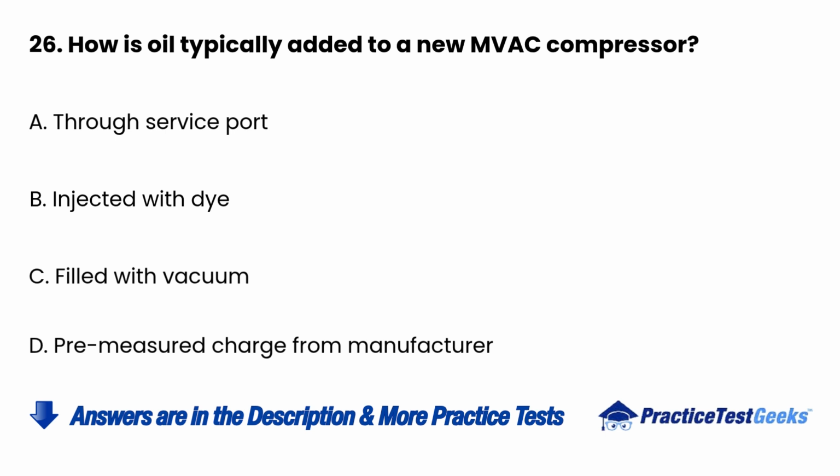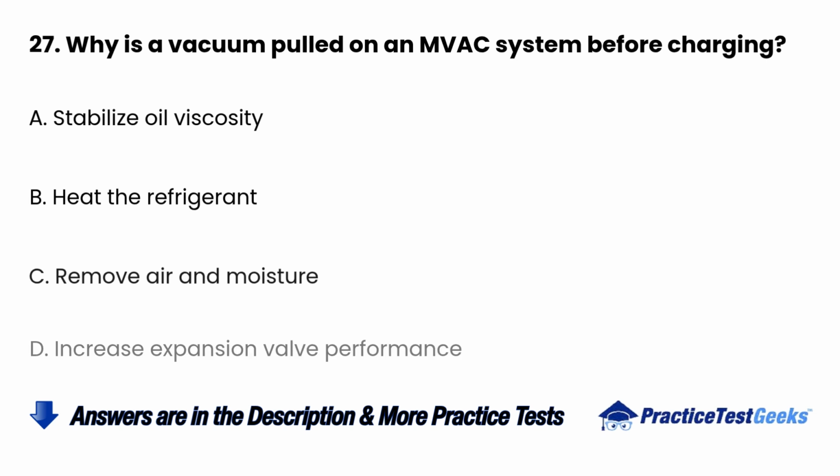B. Injected with dye. C. Filled with vacuum. D. Pre-measured charge from manufacturer. 27. Why is a vacuum pulled on an MVAC system before charging? A. Stabilize oil viscosity. B. Heat the refrigerant. C. Remove air and moisture.